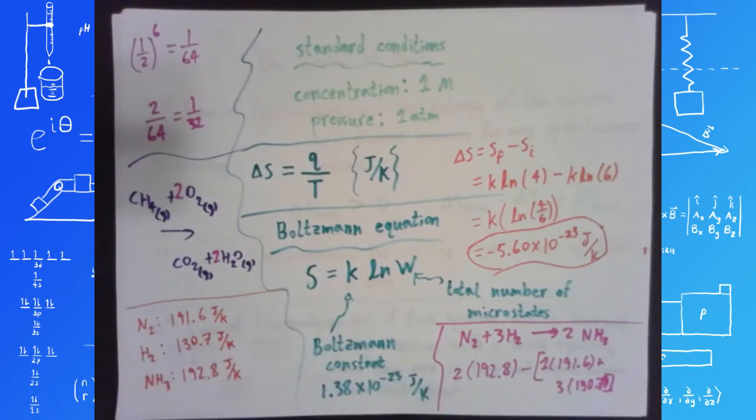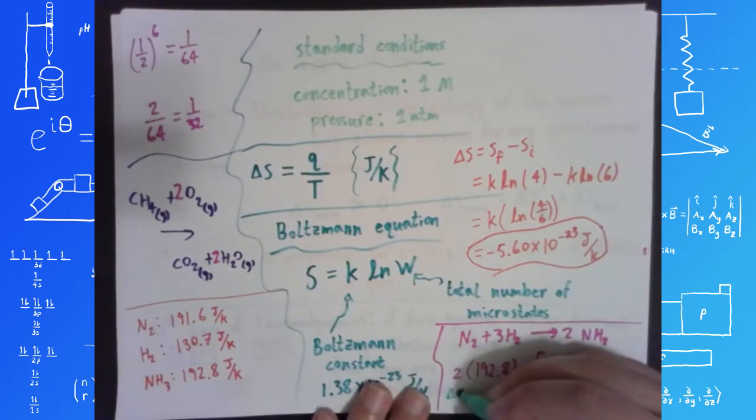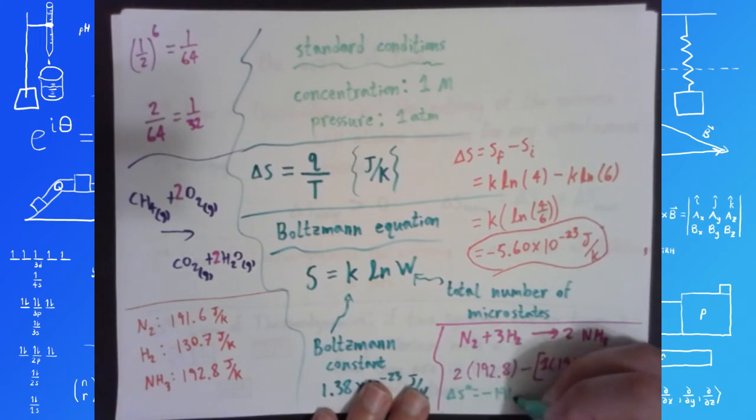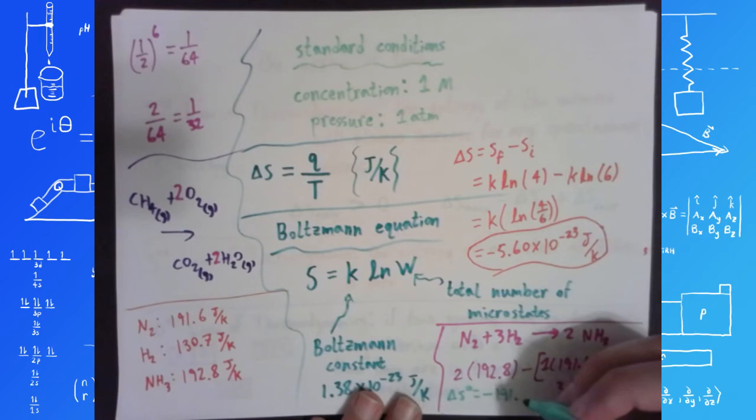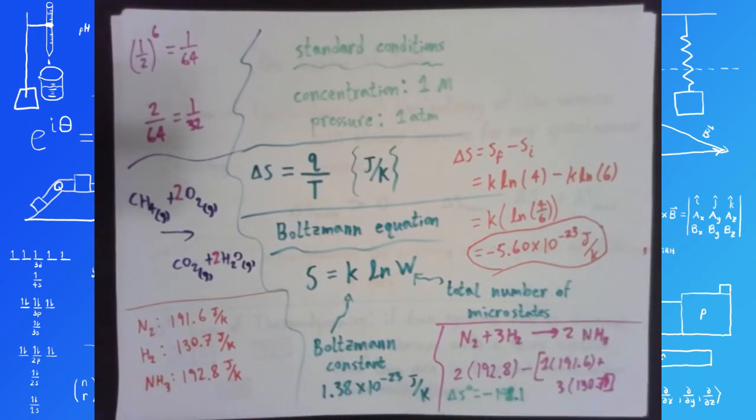So I get a total of, and I'll write it in green, I get a total of delta S standard equals negative 198.1. Okay, I think it's time for a new sheet of paper.